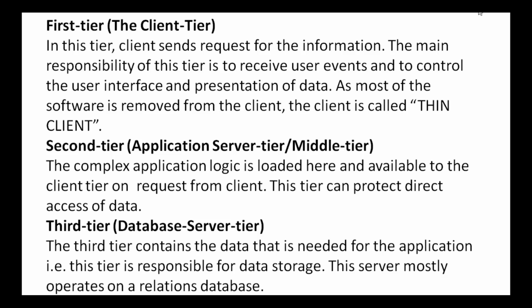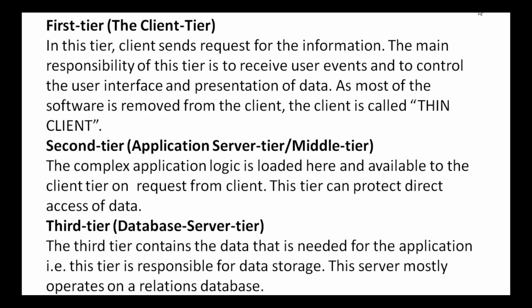Coming to the second tier, it is also known as the application server tier or middle tier, and also known as the business logic layer. This layer coordinates the application, processes commands, and makes logical decisions and evaluations.